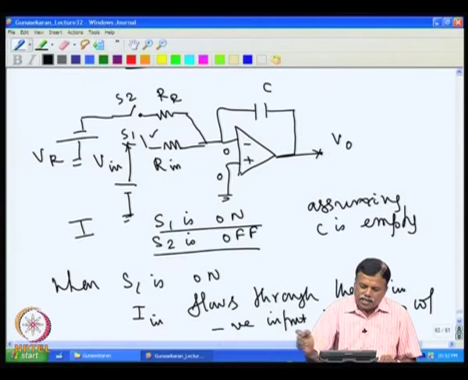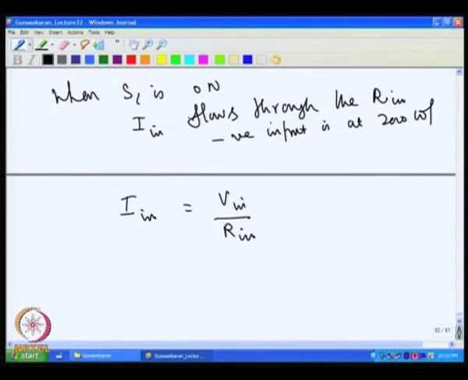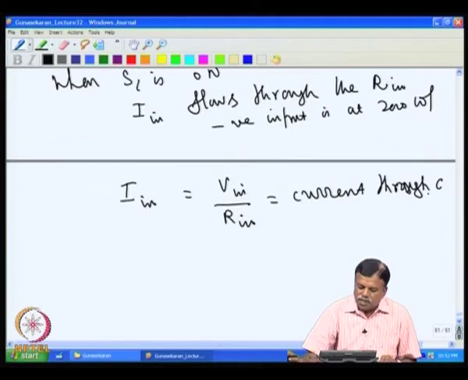Then the current through C would be the same, so that is equal to current through C. Now, the current through C is known. So the capacitor will keep charging.